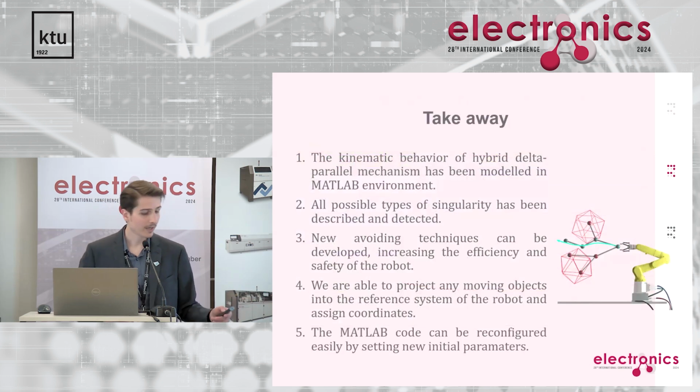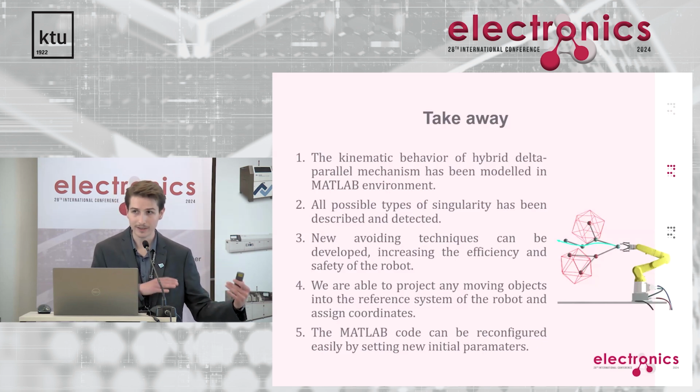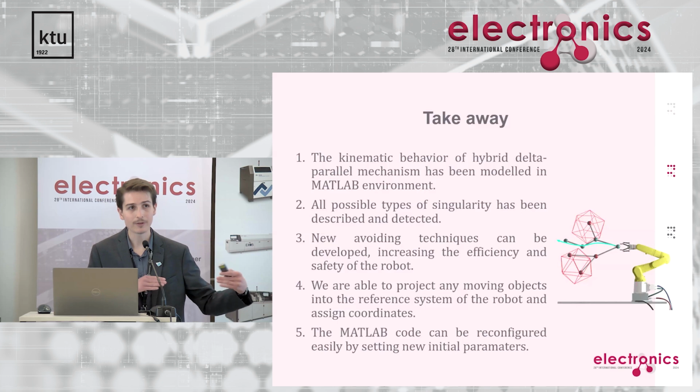As takeaway, I would like to highlight some facts about this research, because this research is not yet finished. We have more and more potential in it. What is very important is that we opened the closed coordinate transformation of the industrial robot. That's why we can project any kind of moving object into the reference system of the robot.